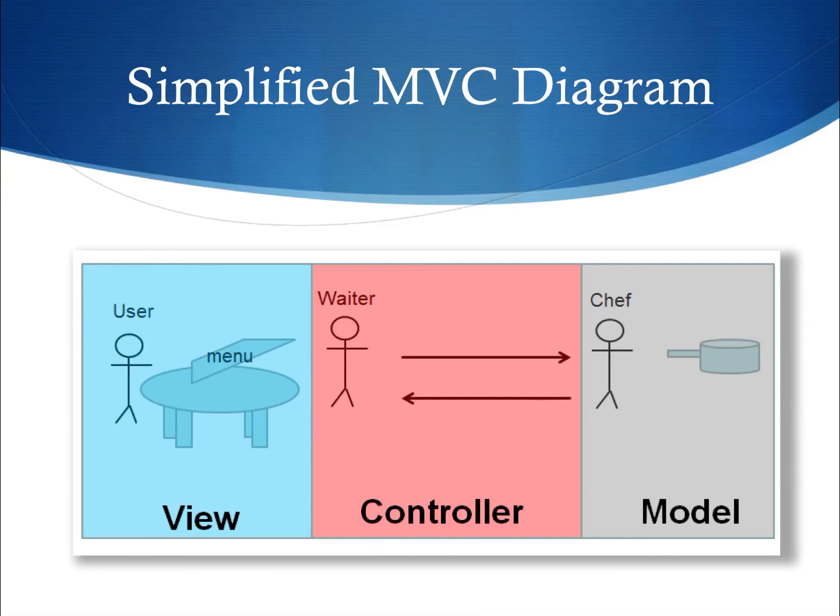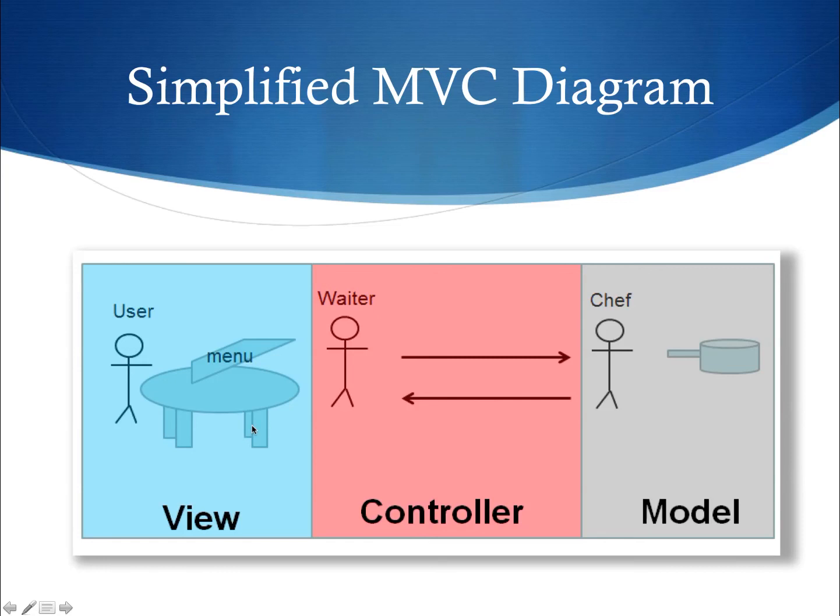So that's pretty simple. We slice the code, and we have the code that represents the user interface. So that's the view. All right. We have a controller that gets information from the user interface and sends it to the business logic, gets the processed information, and returns it to the user.